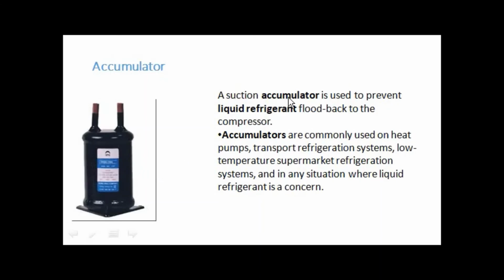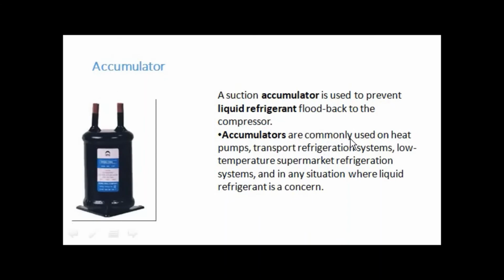A suction accumulator is used to prevent liquid refrigerant from flooding back to the compressor. As you understand, this function is not the same as the liquid separator as we have seen above.